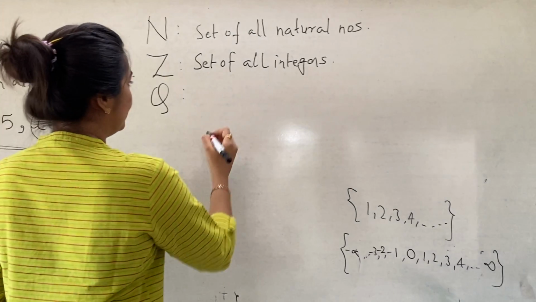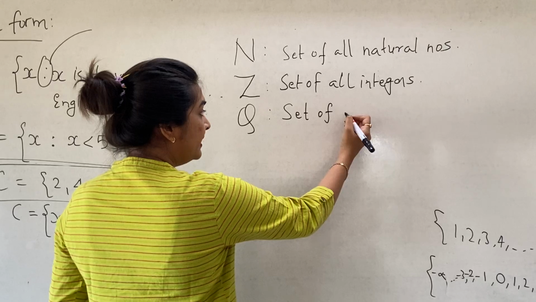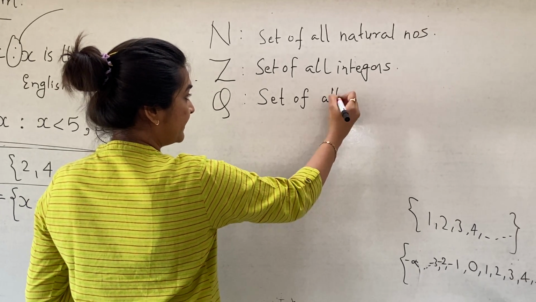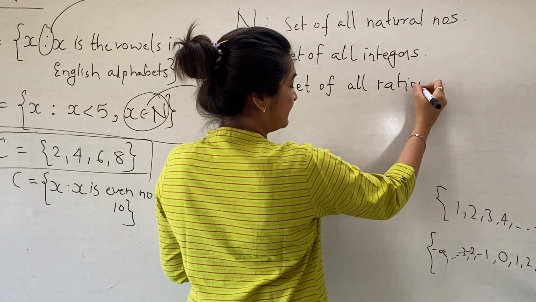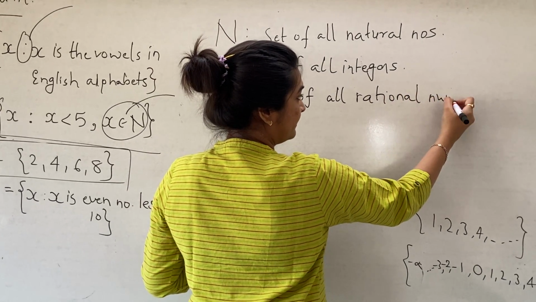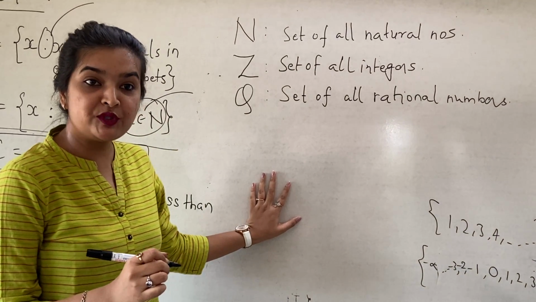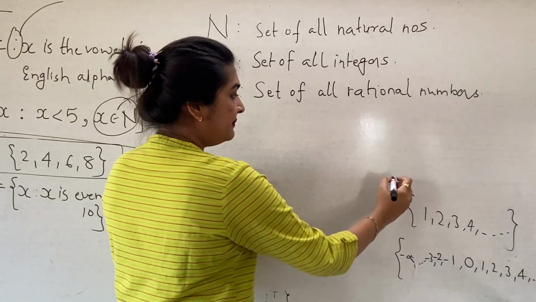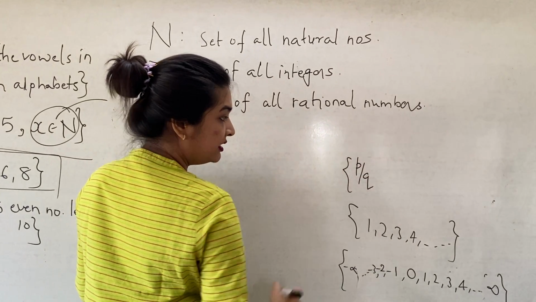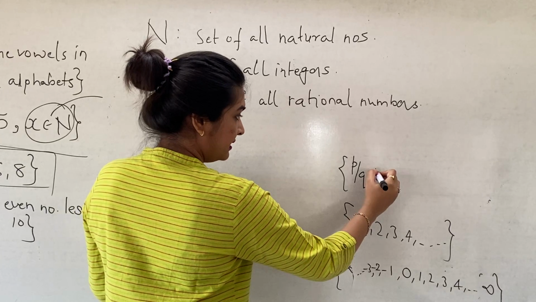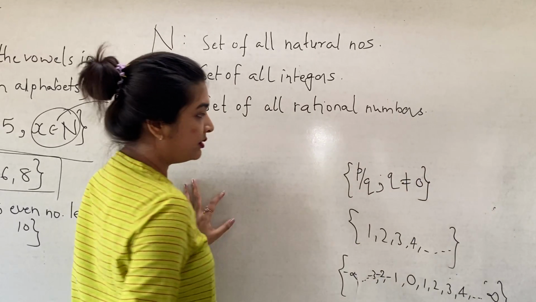Next is Q. What is Q? Q is the set of all rational numbers. Now what do you mean by a rational number? Rational numbers are the numbers of the form p by q where q is not equal to 0.